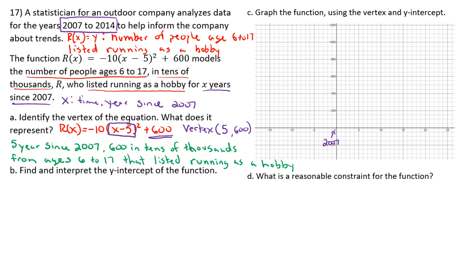So I'm going to take a moment, take that vertex and plot it on our graph. So at 5 on the x, 600 on the y. So right there is my vertex.